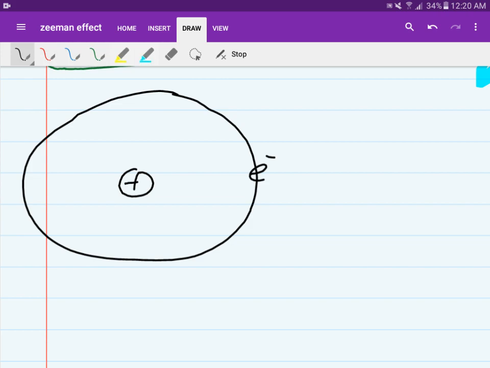For the sake of analogy, this electron is spinning in this hydrogen atom, and it is producing a magnetic moment mu that is arising from this kind of rotation.